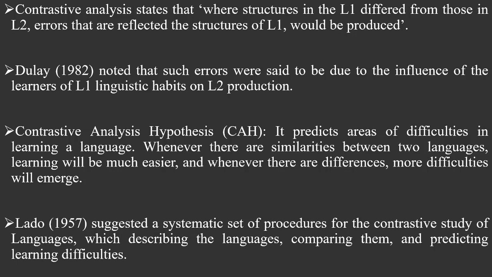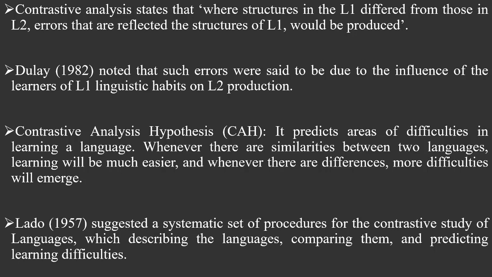The contrastive analysis hypothesis, CAH, predicts areas of difficulty in learning a language. Whenever there are similarities between two languages, learning will be much easier, and whenever there are differences, more difficulties will emerge.